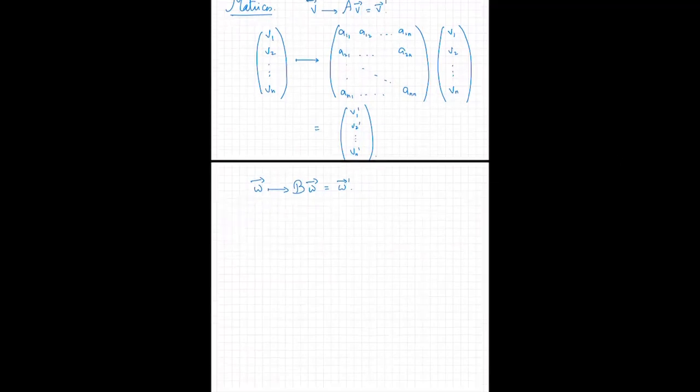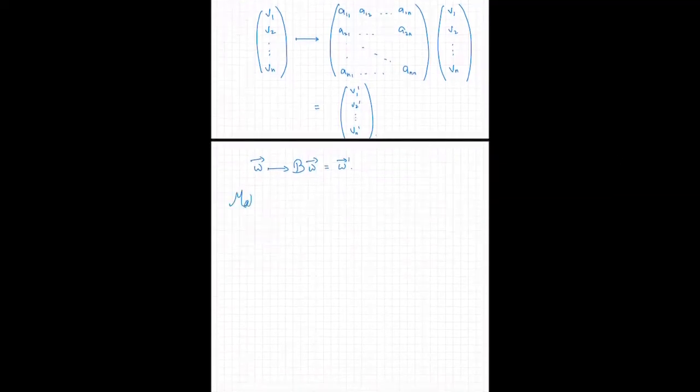Well, first of all, what are the dimensions of these matrices in the V plus W space? How many rows and how many columns do they have? They will be n plus m times n plus m square matrices.